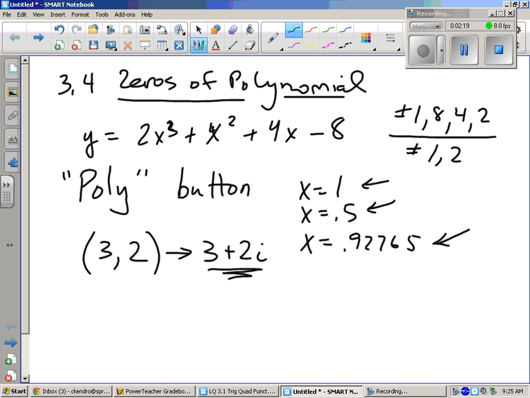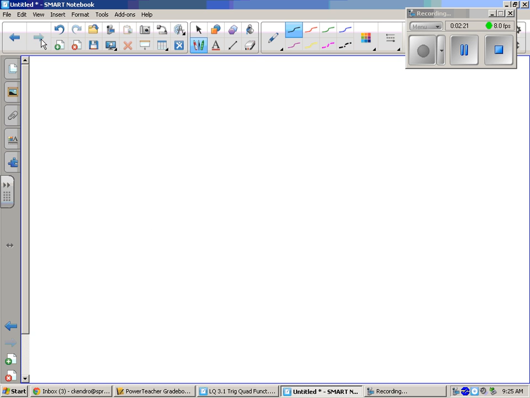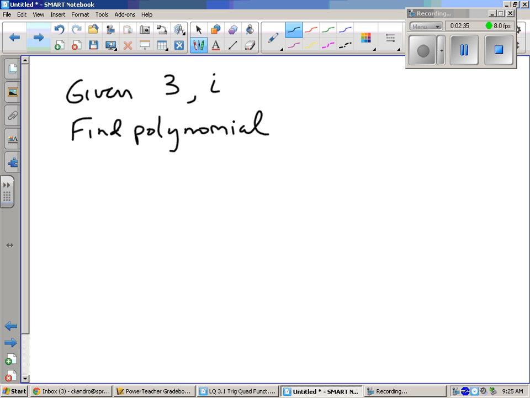Now the one problem I do want to show you is if you are given the zeros of, let's say, 3 and i, and I want to find the polynomial that goes with that. So what we have to do is put those in the parentheses and actually FOIL it out to come up with the polynomial.